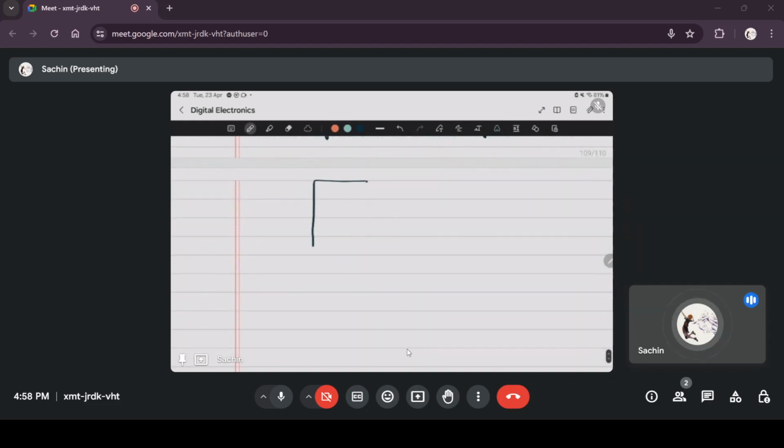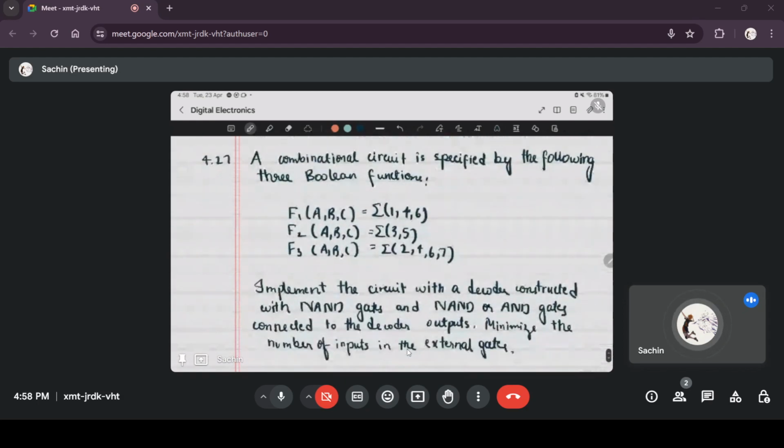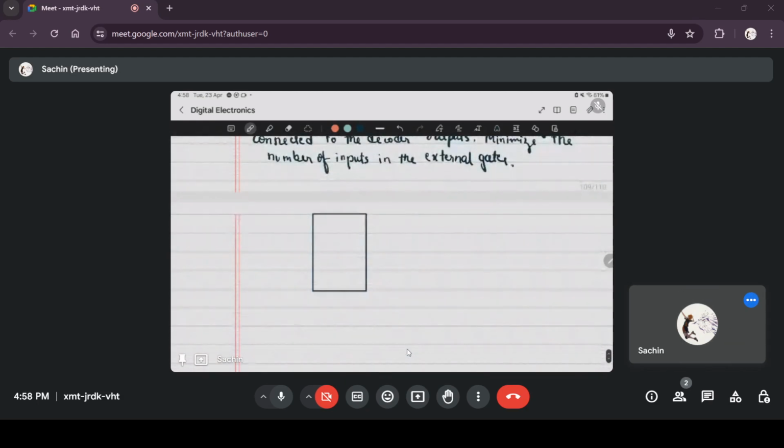That is, say you have a 3:8 decoder, and the inputs are ABC.